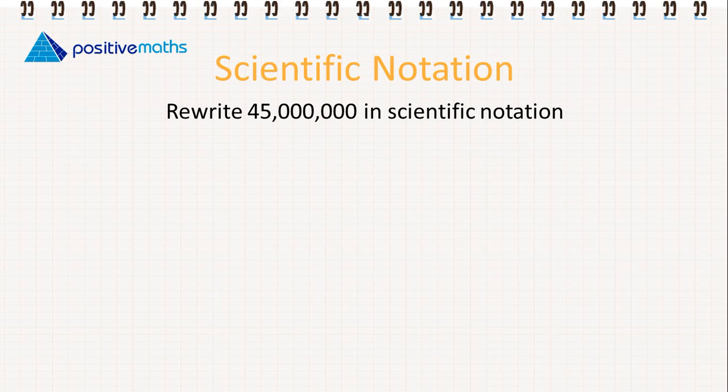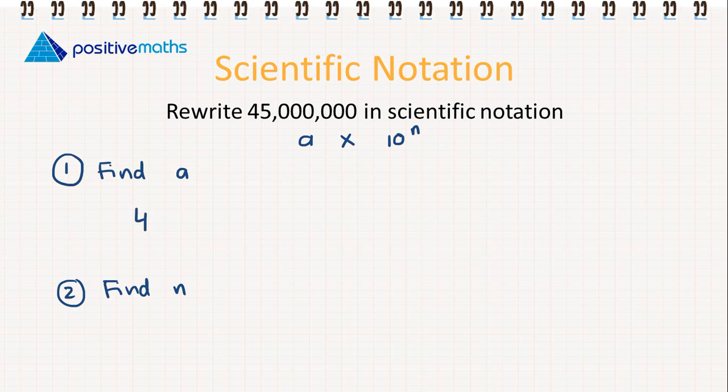Let's do an example. We have 45 million here, and we want to rewrite it in scientific notation. We have to have a multiplied by 10 to the power of n. Step 1 is find a, and step 2 is finding n.